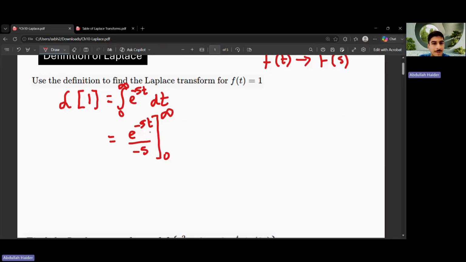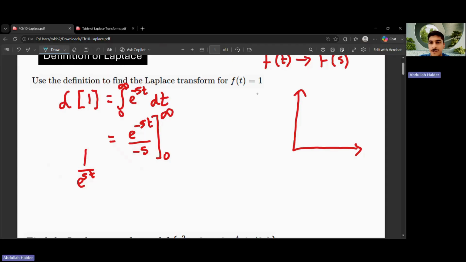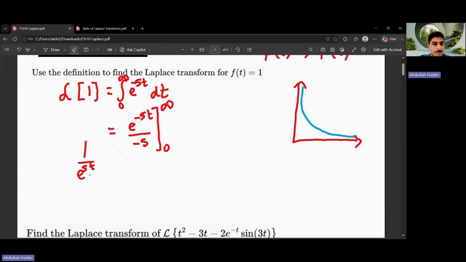When this goes to infinity, basically you know that it is 1 over e power st. So basically the exponential graph looks something like this, it's a decreasing function. So it approaches 0 when you go to infinity.